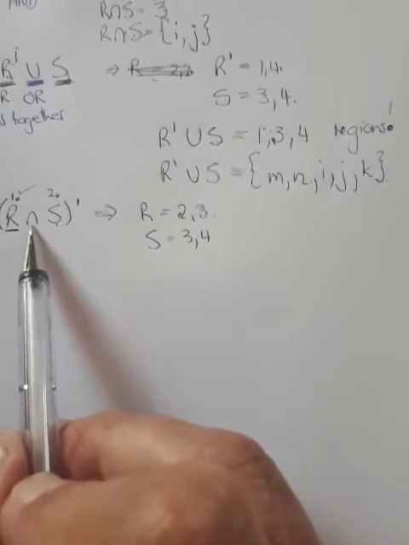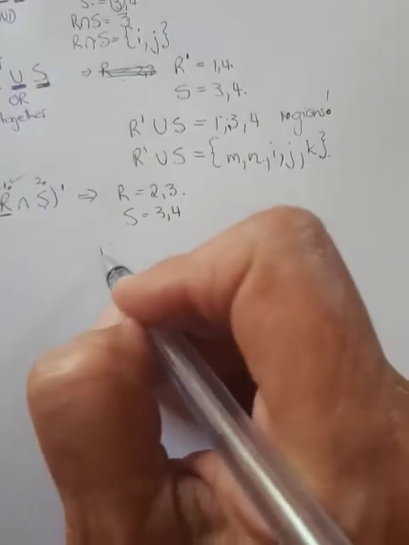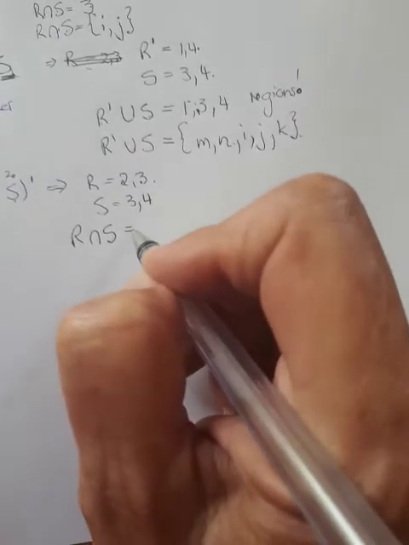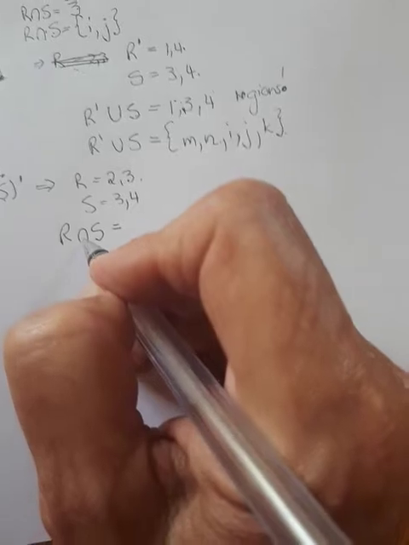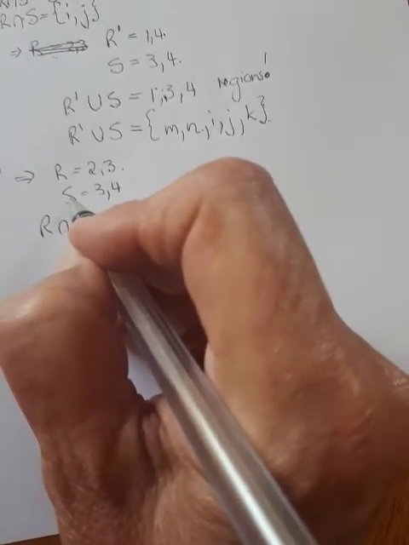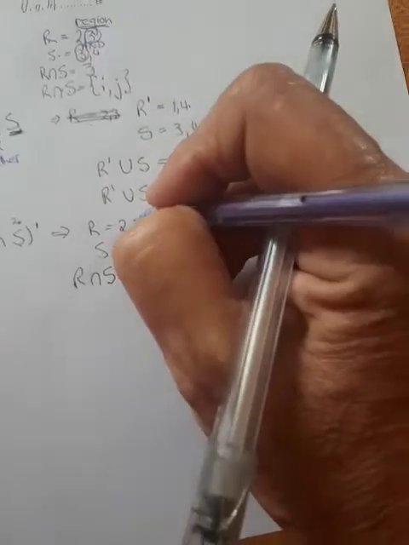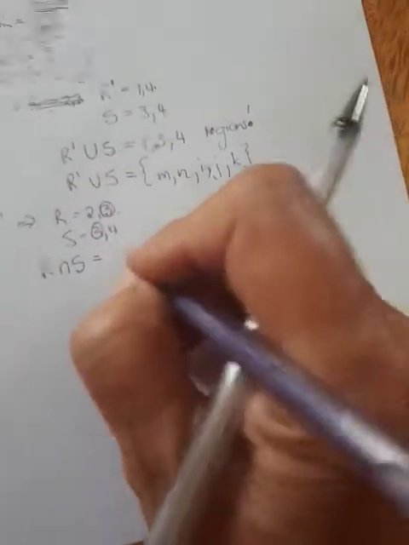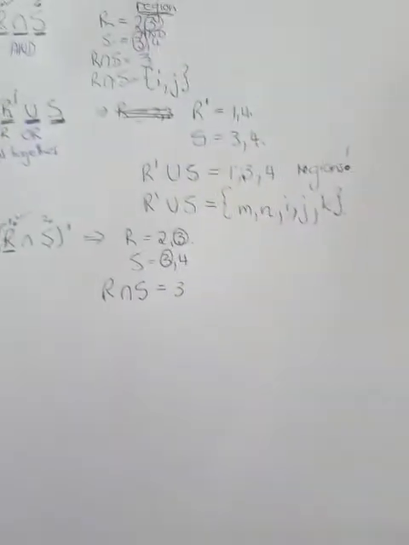Now you must find the intersection of R intersection S, which is the ones that are in R and in S. And again, we see that in R and in S, we only have region 3.